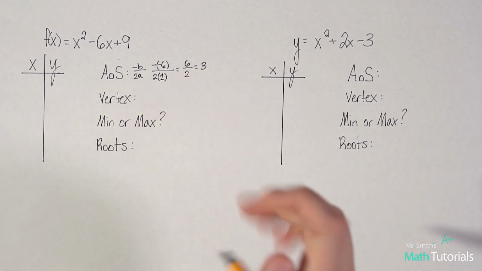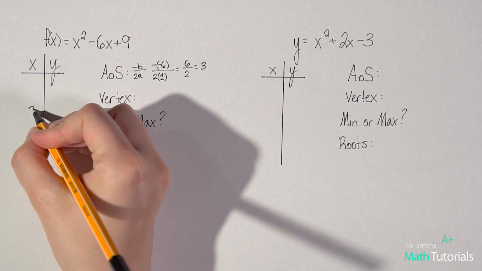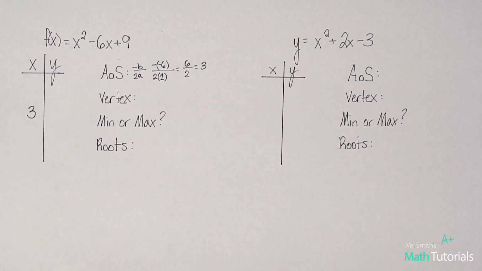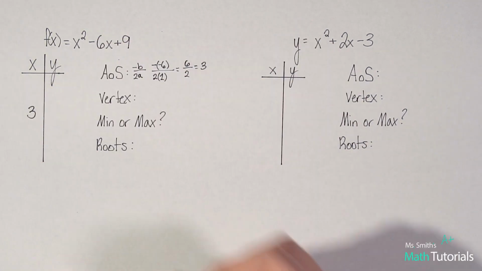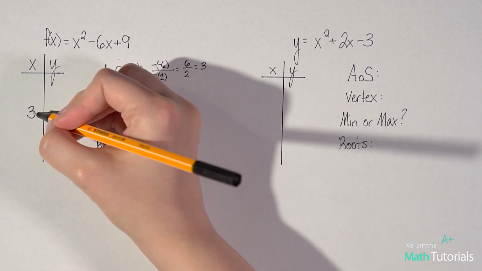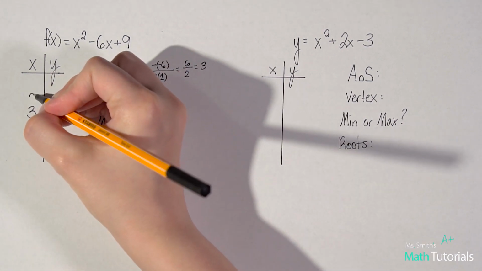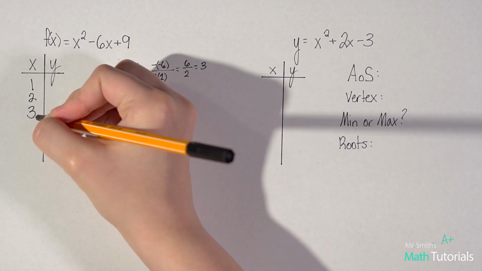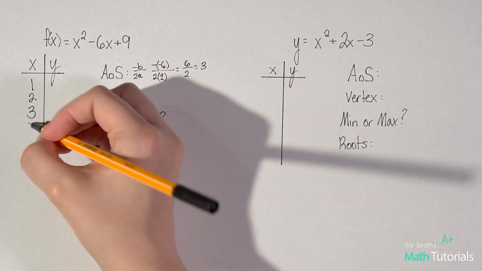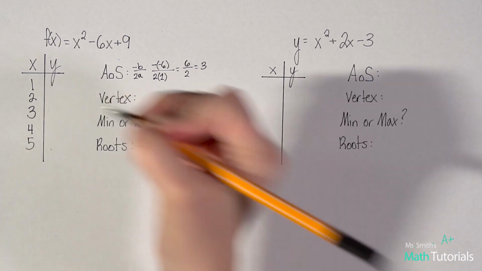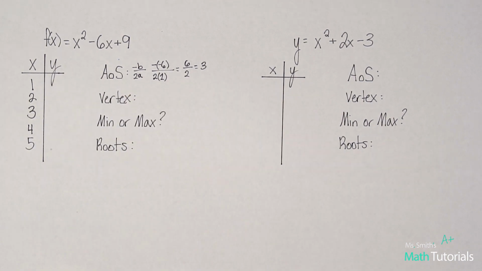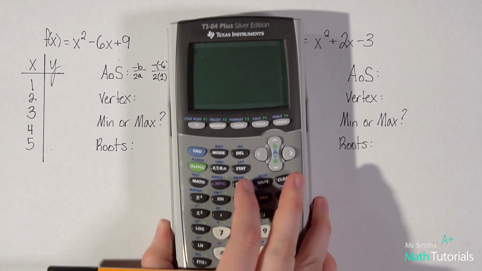It's 3. So that's going to be my center point in my x values, and I'm going to build my table around that. So I would want to have 2 values right below 3. So I would do 3, 2, 1, and then 2 values right above 3. So 3, 4, 5. Okay, I'm going to bring over my calculator.